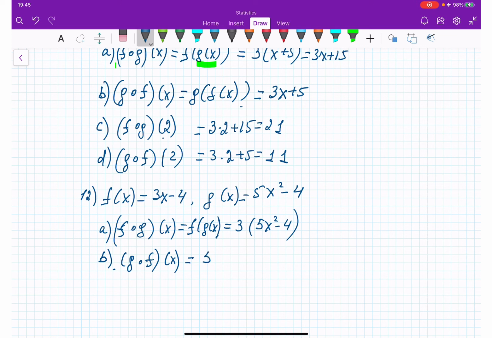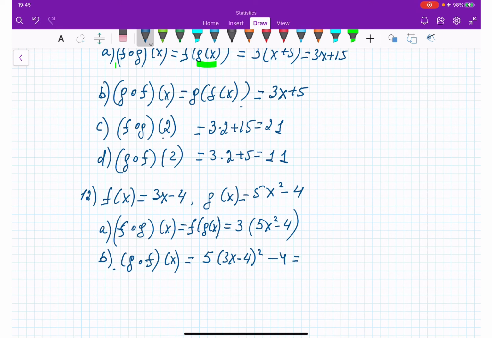So 5 times, instead of x squared, it's going to be 3x minus 4 squared. I'm plugging 3x minus 4 here, and minus 4. So what are we going to get?